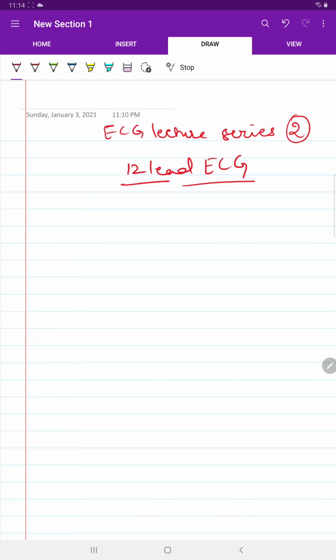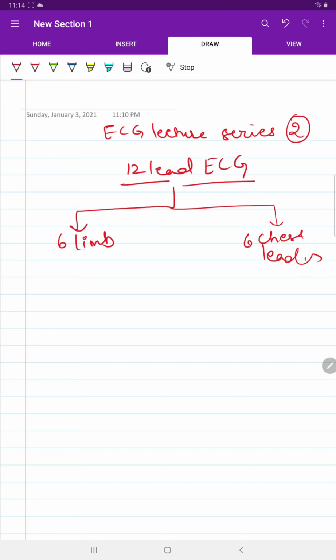In this, we know it's very basic, but the most important part of this 12 lead ECG is the relationship to the heart. We will discuss it in what follows. See, there are six limb leads and there are six chest leads. In the limb leads, there are unipolar and bipolar leads.